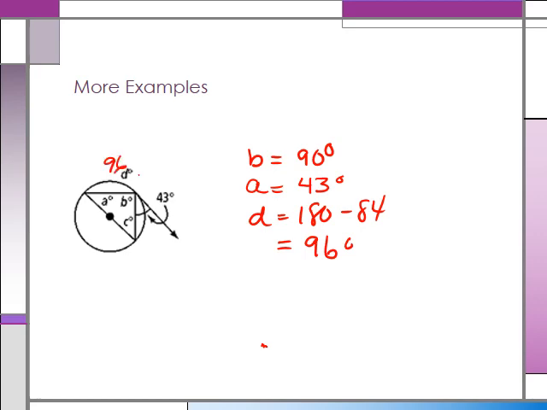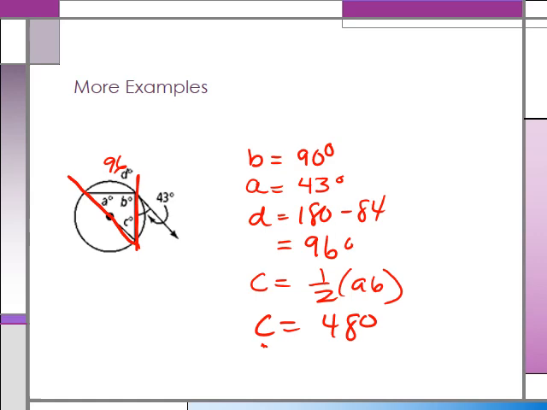And then C cuts off that arc, so half of 96 is 48. So C is 48 degrees.